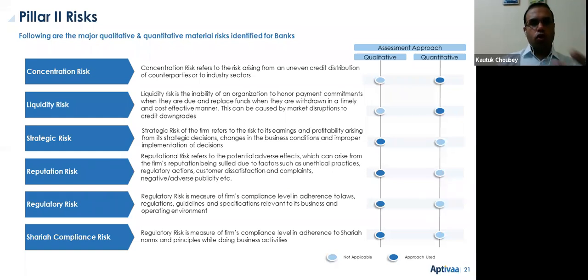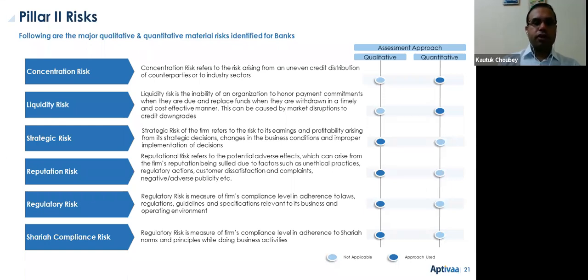So as we were also talking about different Pillar 2 risks being measured in different forms, this is an overview of how the industry in general sees and manages Pillar 2 risk. Now, these are some very commonly assessed Pillar 2 risks, and this overview gives you an idea about what sort of risks are managed quantitatively and what sort of risks are managed in a more subjective manner.